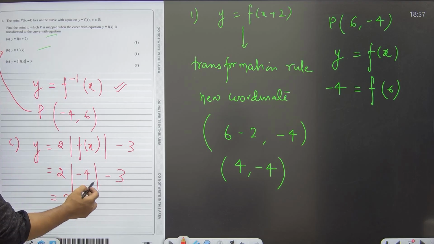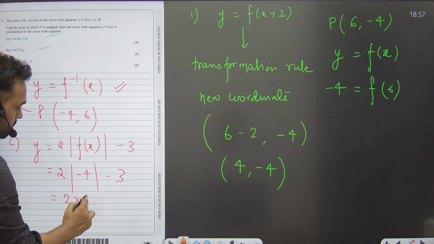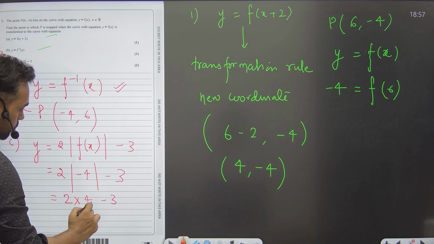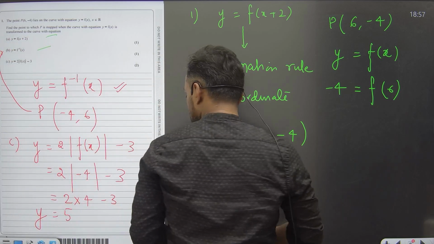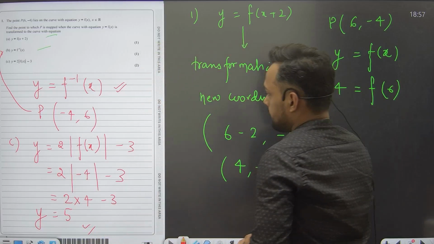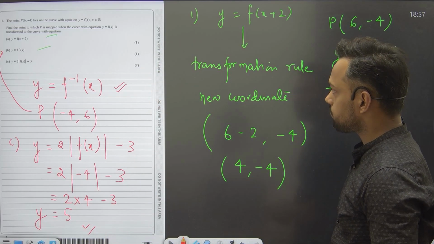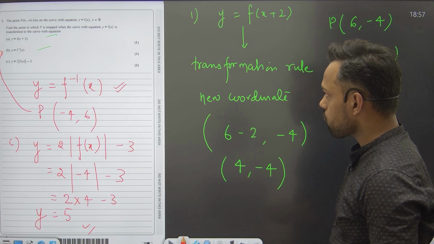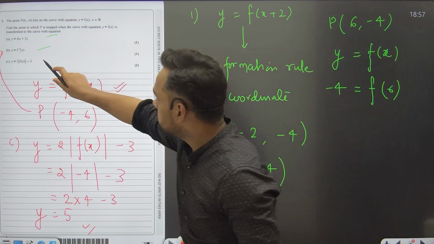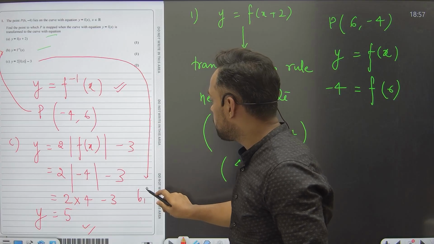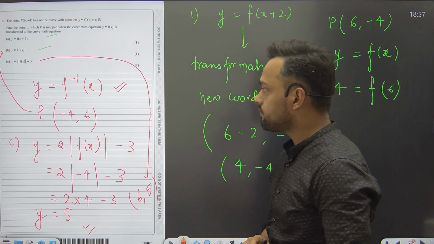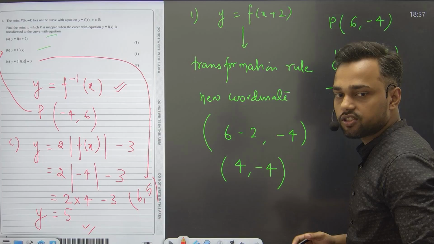Here due to modulus sign it will be positive, so it will be 4. 2 cross 4 minus 3 will be 8 minus 3, that is equal to 5. So y will be equal to 5. This is our solution. So for this the point will be 6 comma 5. Okay, this is how you need to attempt this particular question.